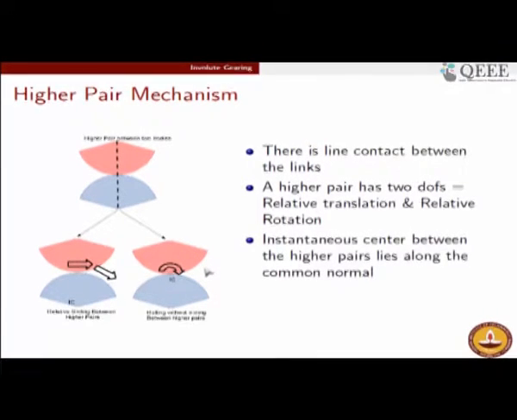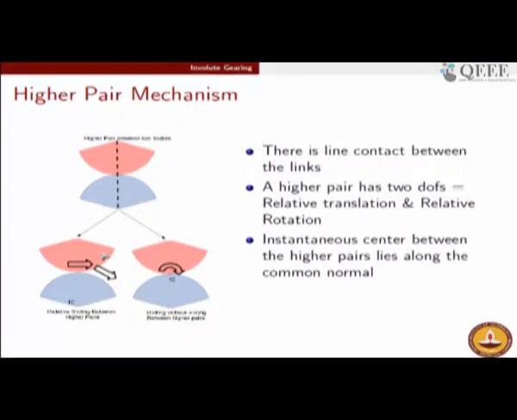The instantaneous center, if you recall what it is, is a point such that, whether it is embedded in body 1 or body 2, it will have the same velocity. So, we are talking about the instantaneous center of velocities.